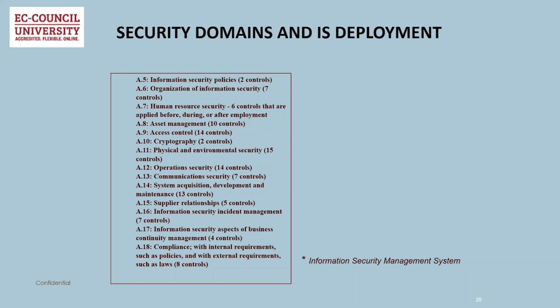So these are the controls that you will deploy. Similarly, cryptography deals with what type of encryption you are following, then what type of physical and environmental security you follow, covers what type of security mechanism you have at the perimeter.